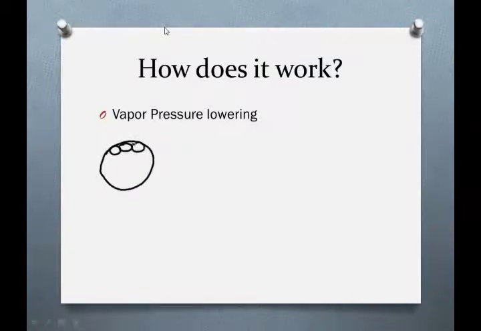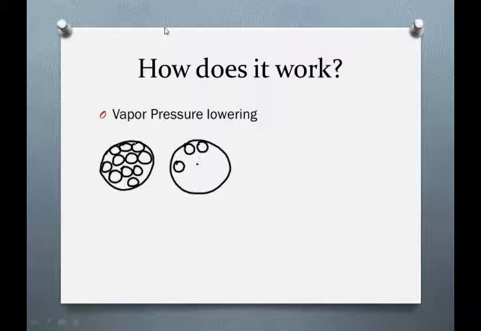If I have a pure liquid, then I have all the same types of particles at the surface of the liquid. And so at any point, any of these particles could jump into the gas phase. On the other hand, if I have a solution, I still have those same solvent particles, but now I also have some solute particles.